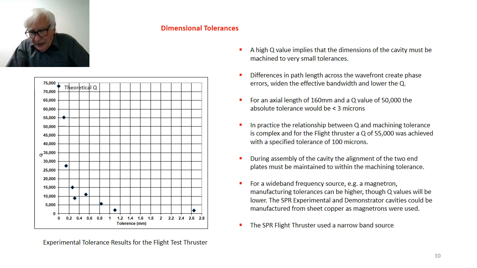And you can see simply that if you don't align the two end plates, you're going to get differences in the path lengths from one part of the cavity to the other. What we aimed to do was to meet the specified tolerance for both the machining and the alignment of about 100 microns for a Q of 55,000.